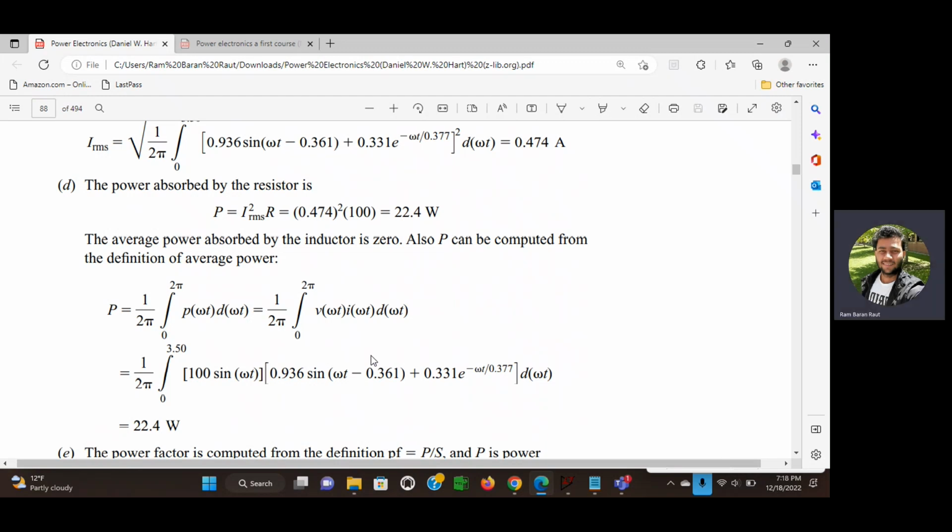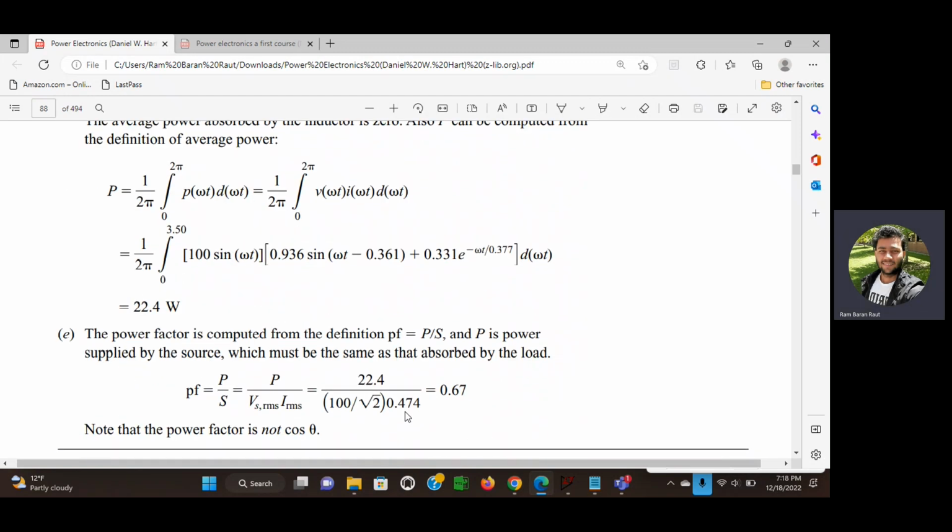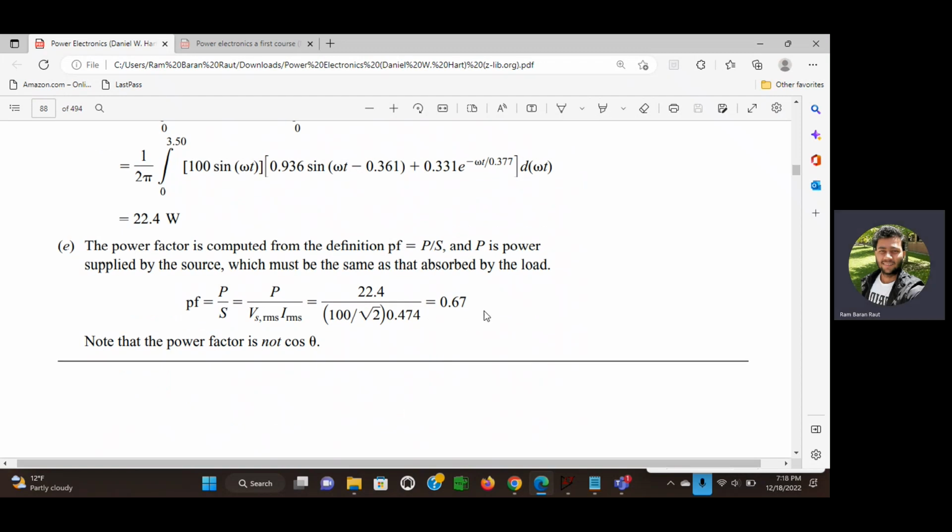So we are getting a power factor of 0.6534. Here they have calculated 0.67, and I'm getting 0.6534, which is quite close to the calculated value.